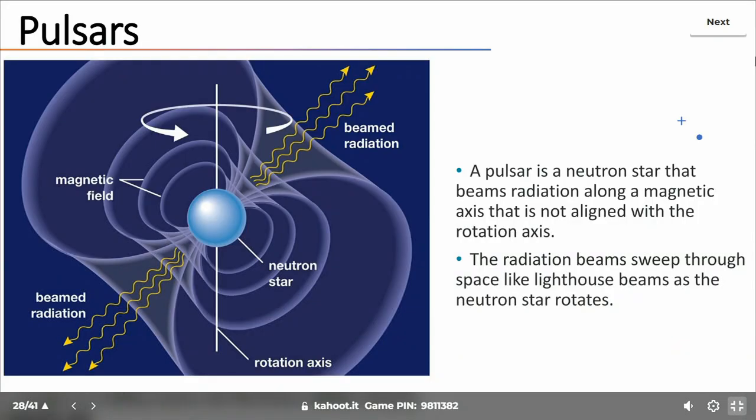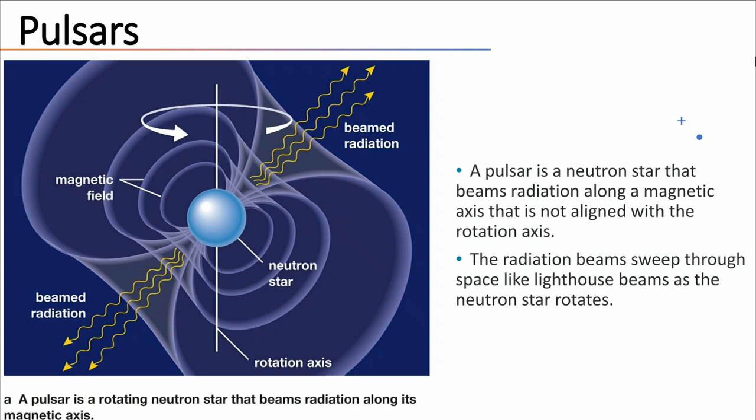So what exactly is a pulsar? A neutron star has a very strong magnetic field, and it will beam radiation due to this rotating magnetic field. Depending on your line of sight with this beam of radiation, you can see the flashes of the pulsar.